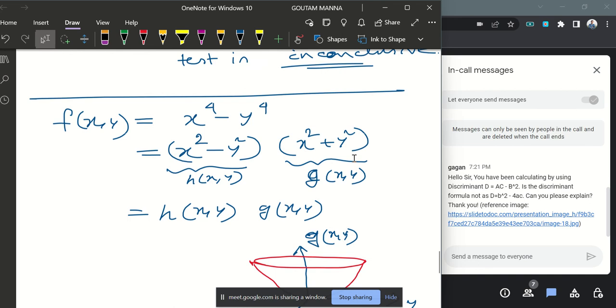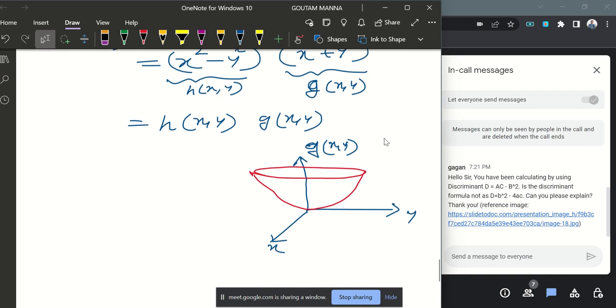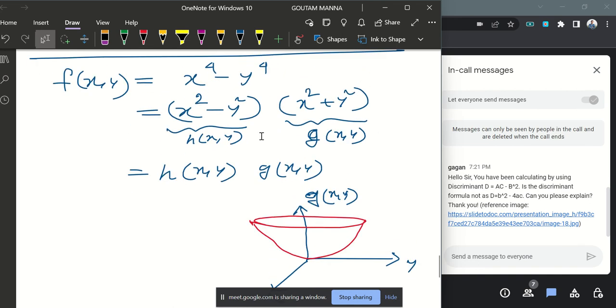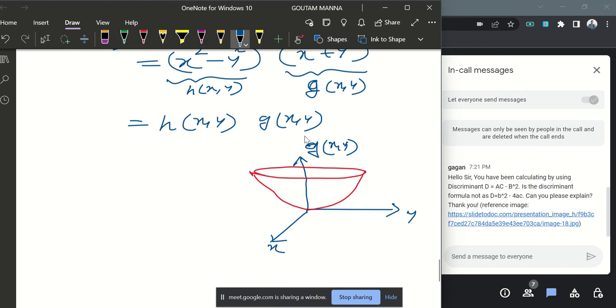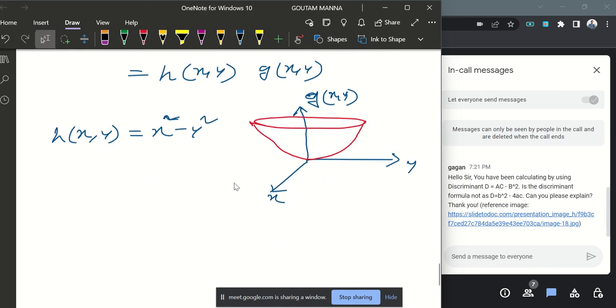And now if you look for the saddle points or the critical points in this h of xy, that is x squared minus y squared, you will see its plot will look the same as I showed in the 3D plot of the saddle point.